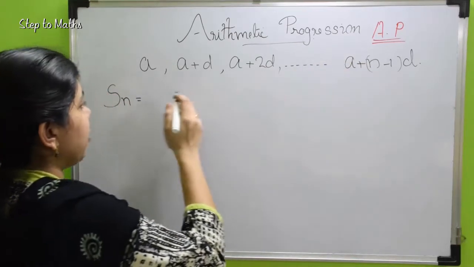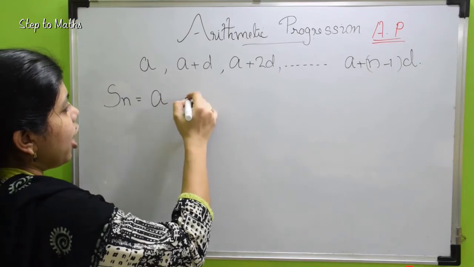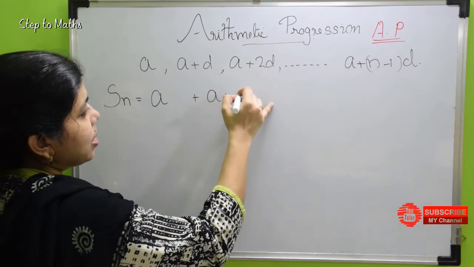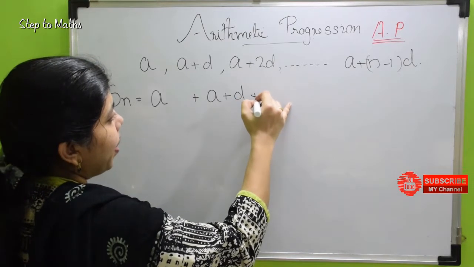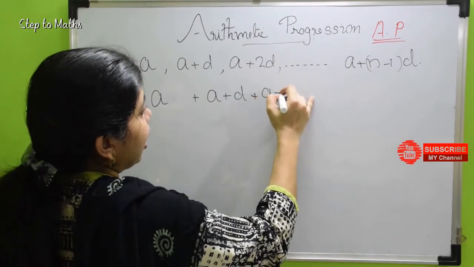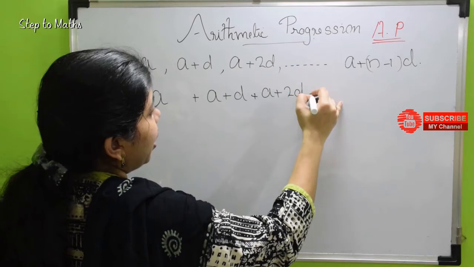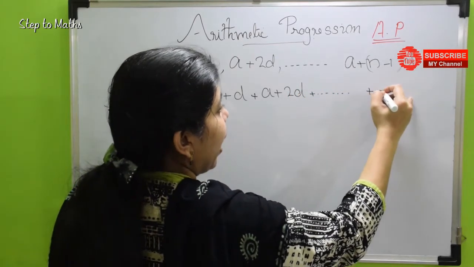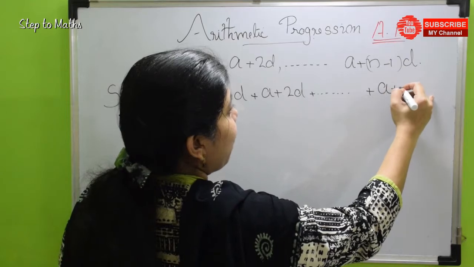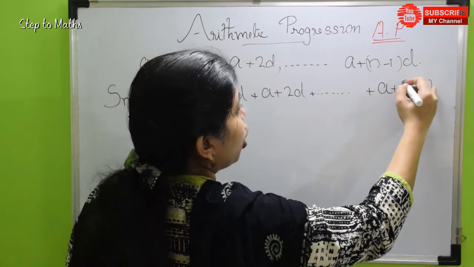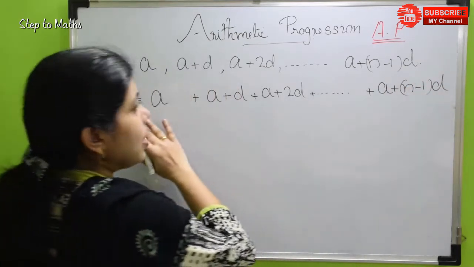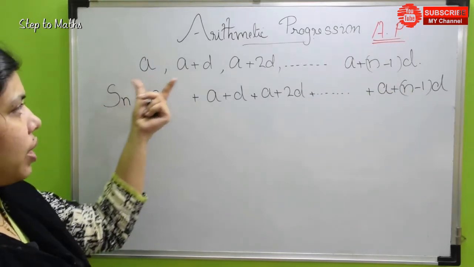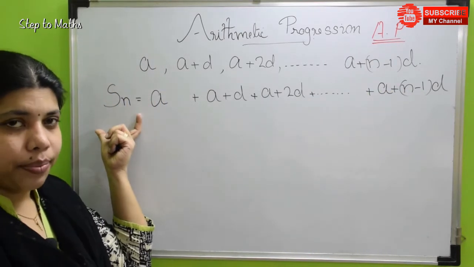The sum of these terms a plus a plus d plus a plus 2d, etc. plus the nth term, a plus n minus 1 into d, is the sum of the first n terms of this AP, Sn.